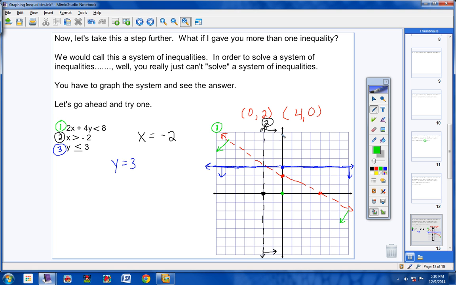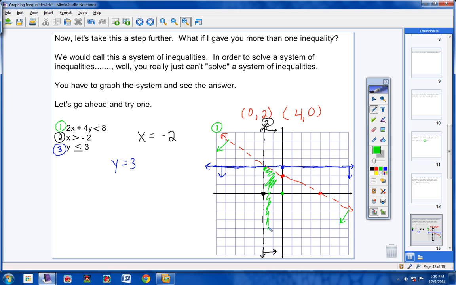I know I have to shade this way, so I know for sure any shading I do has to be over here somewhere. I cannot go to the left of the black line. I also know I can't go above the green line, so I know any shading I do has to be to the right of the black line, and it has to be below the blue line. So I know I'm going to be in this region here. Now, I also notice I have to be below the red line, so here it is.